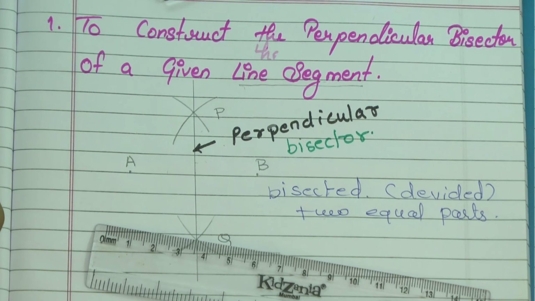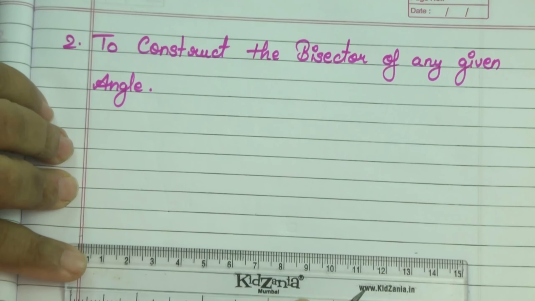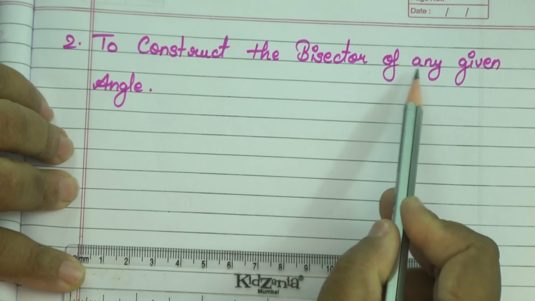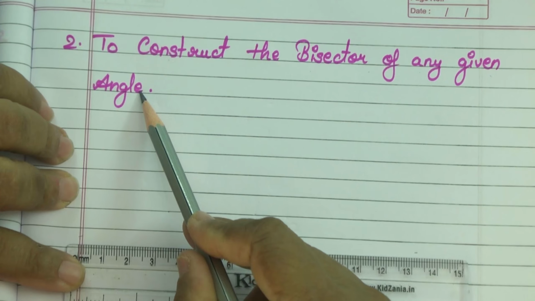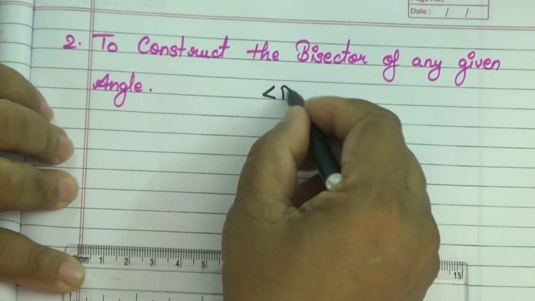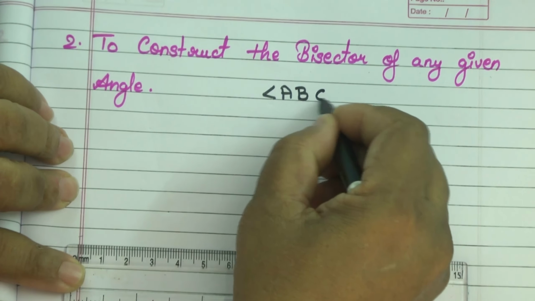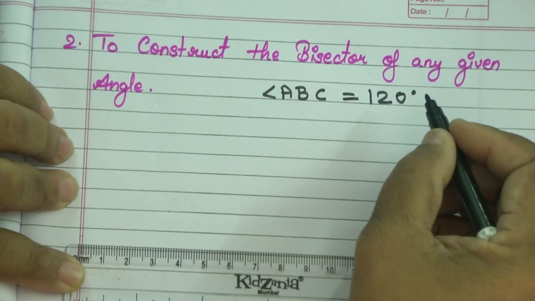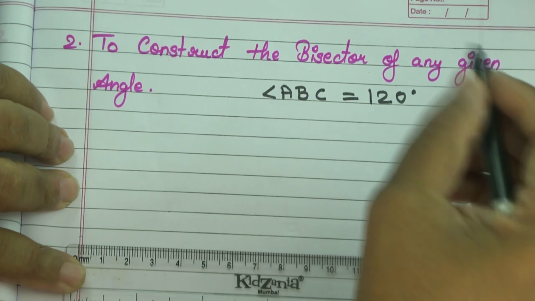Now the second one is to construct the bisector of any given angle, and the given angle is angle ABC, which is of 120 degree, and we need to bisect that angle.